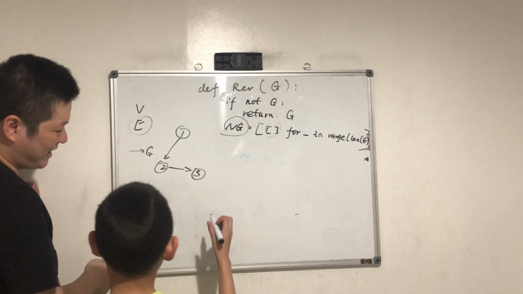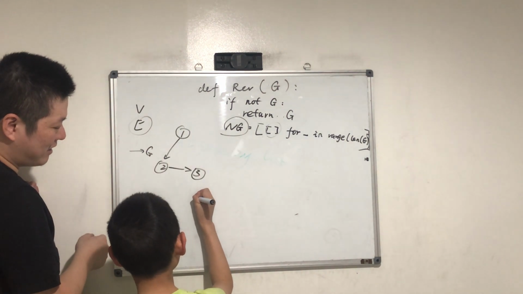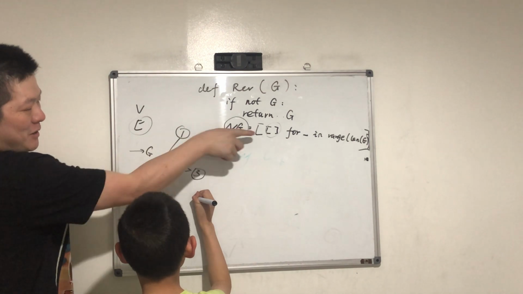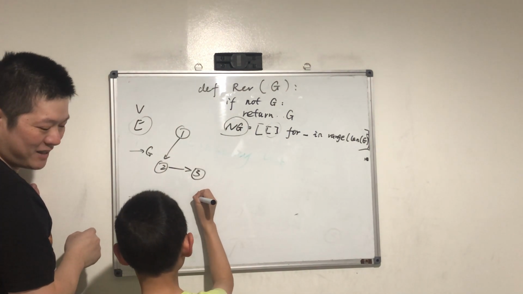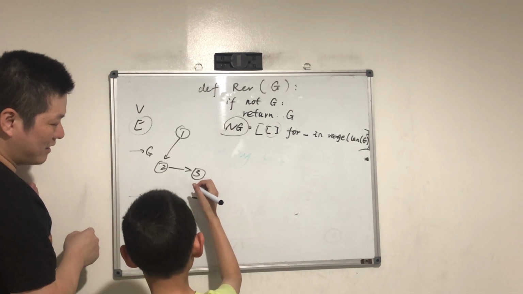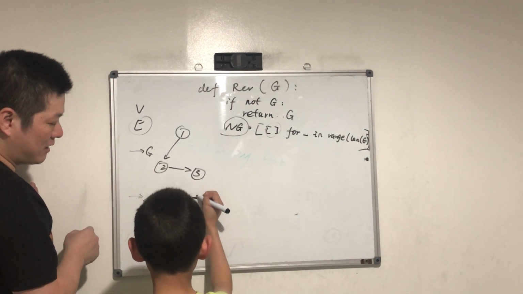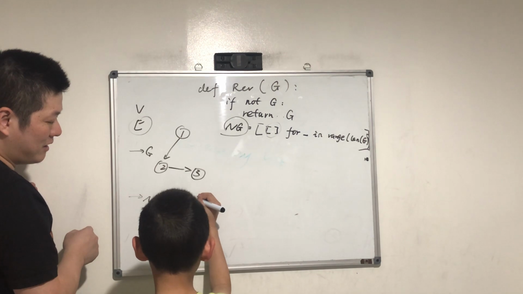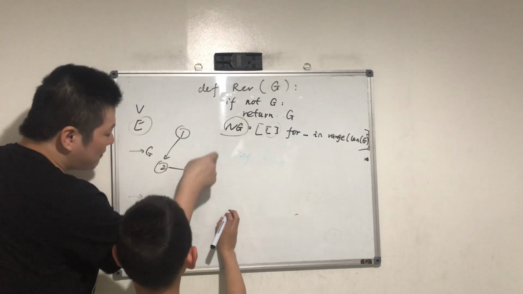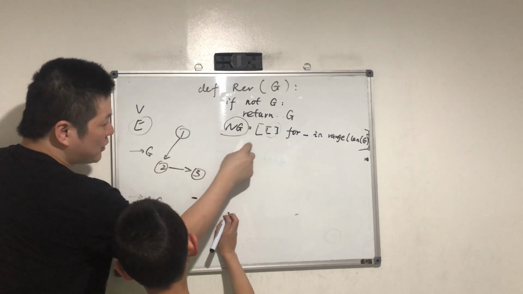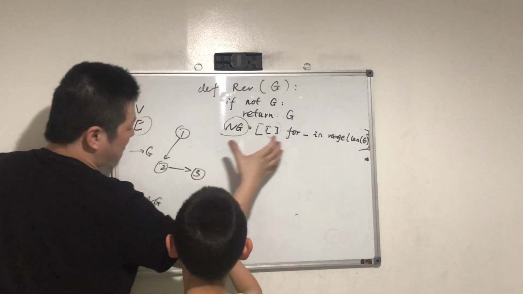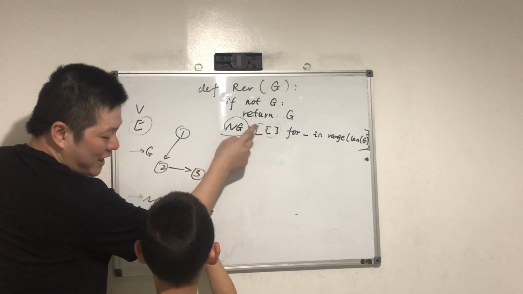This is G with the edges. I'm just copying, allocating length G times. Each one does not have any edges.